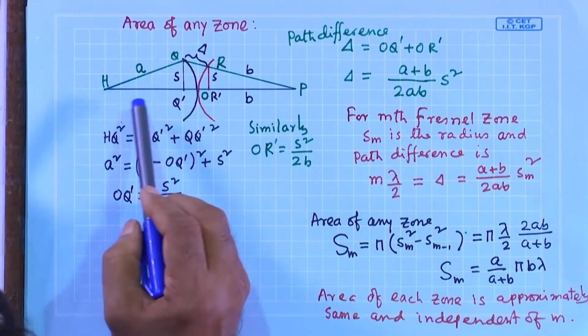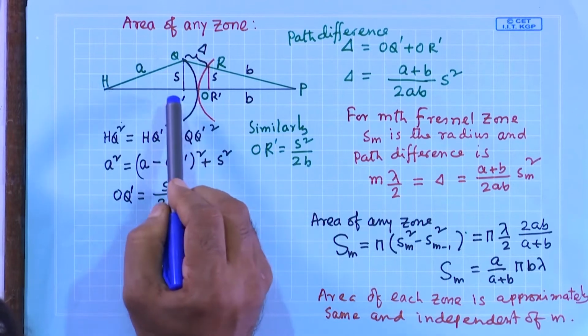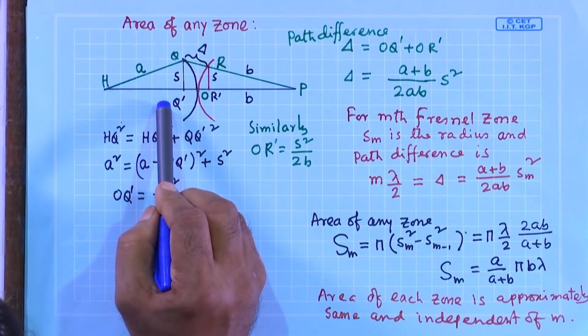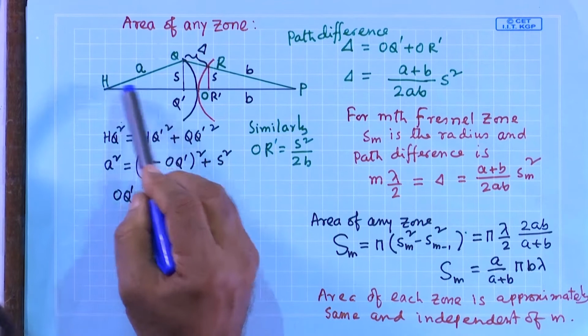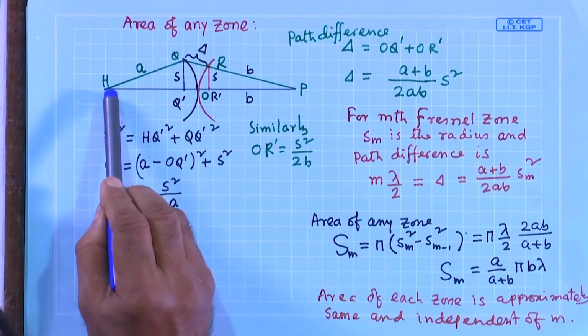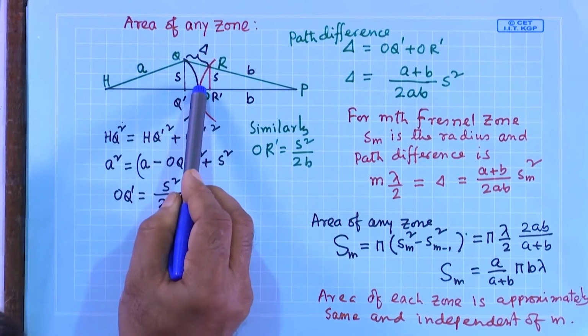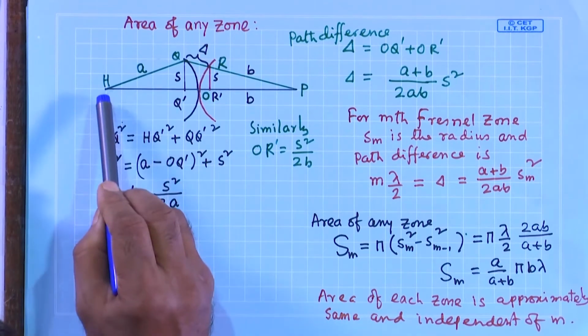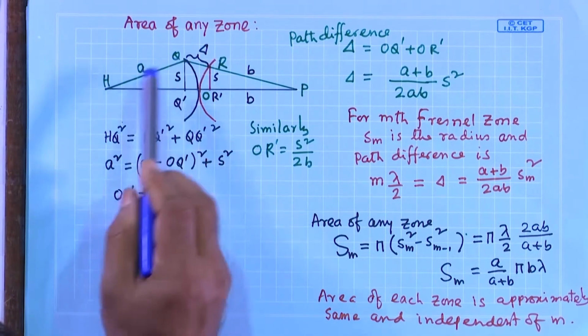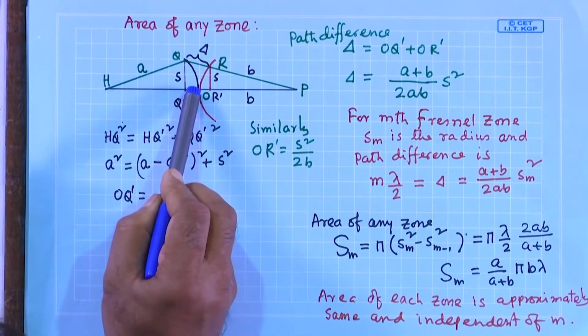So what you can see is this is A, this is also A. So this path and this path are the same.